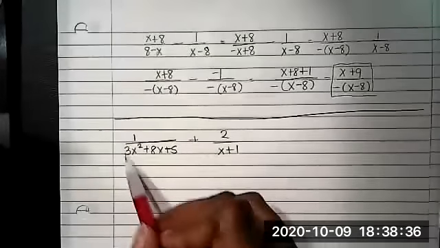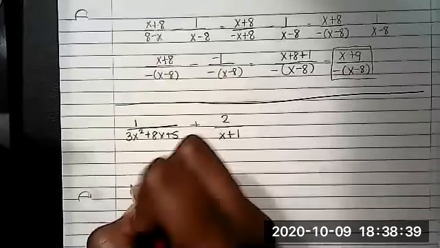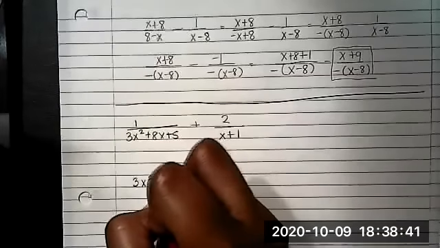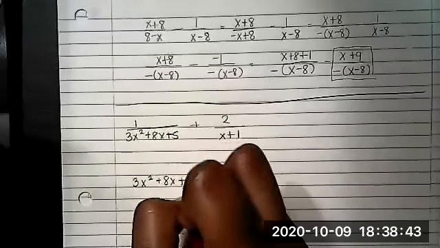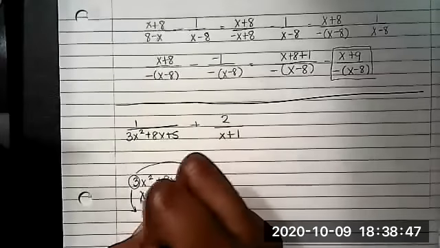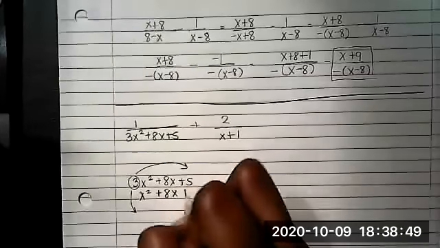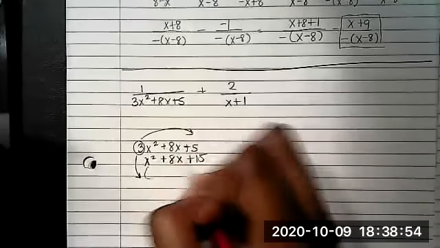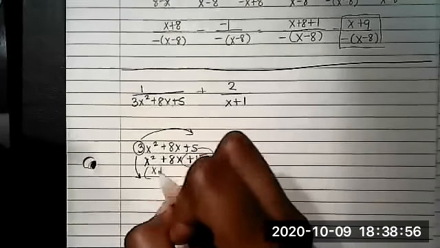And of course, I have to do some groundwork, and I'm going to have to factor that. So this is 3x squared plus 8x plus 5. I'm going to circle, slide, divide. So this becomes x squared plus 8x plus 15. Okay, same, x plus.